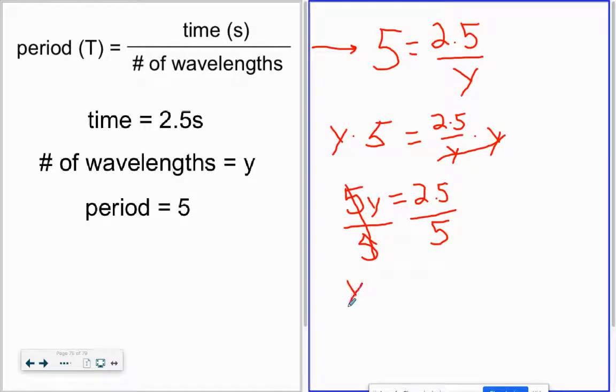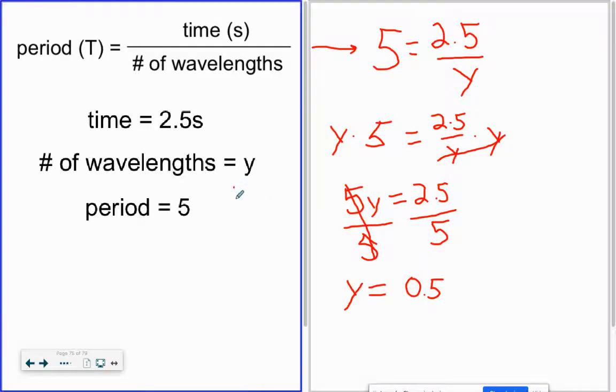So when we solve for y, 2.5 divided by 5 equals 1/2 or 0.5. So we have determined that the amount of wavelengths is 0.5 according to this equation.